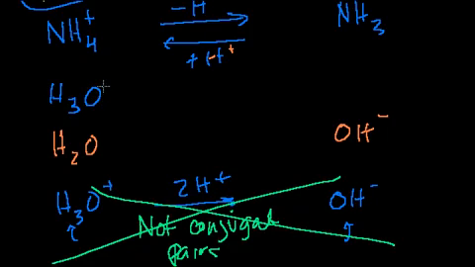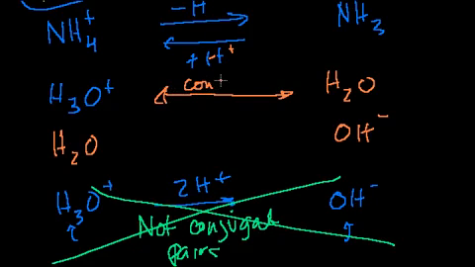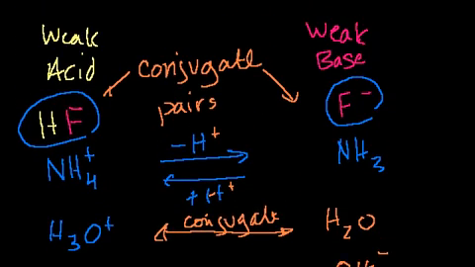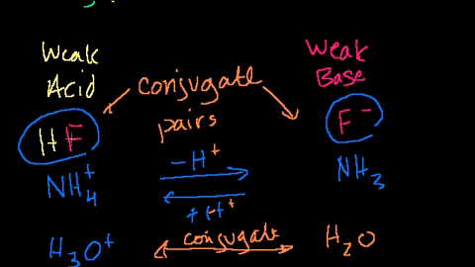And that's a new word I just introduced you to. What's the conjugate base for H3O if H3O is an acid? Well, you take one H from it, and you get H2O. So this is a conjugate pair. And I just said a word without defining it, so now let me define it. Within every conjugate pair, you have an acid and a base. If you say, what is the conjugate base for hydrofluoric acid?